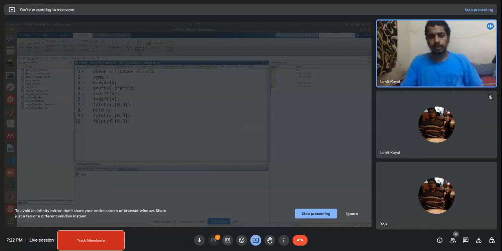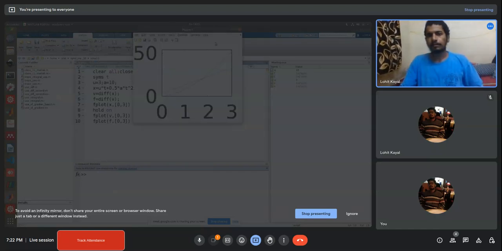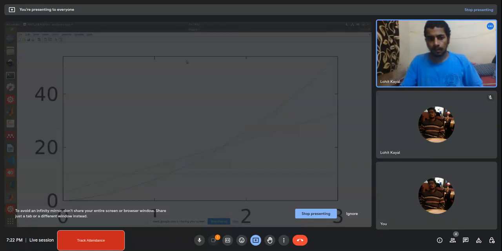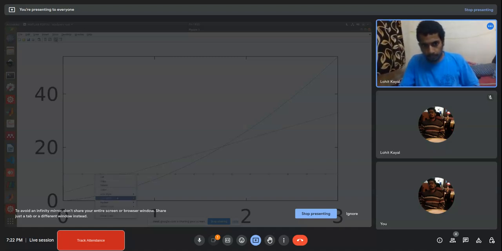So let's test it. You can see that these are not very thick lines. Let me increase the thickness, maybe 6.